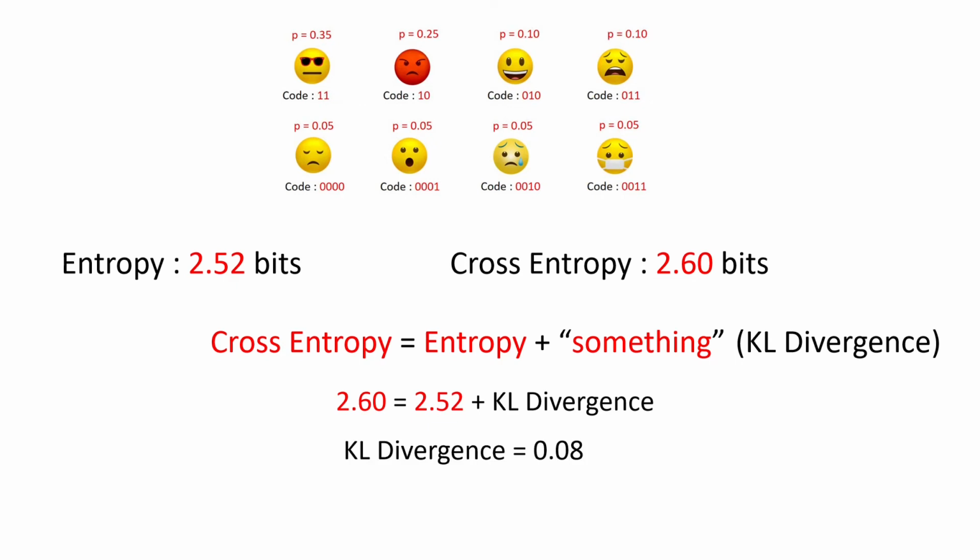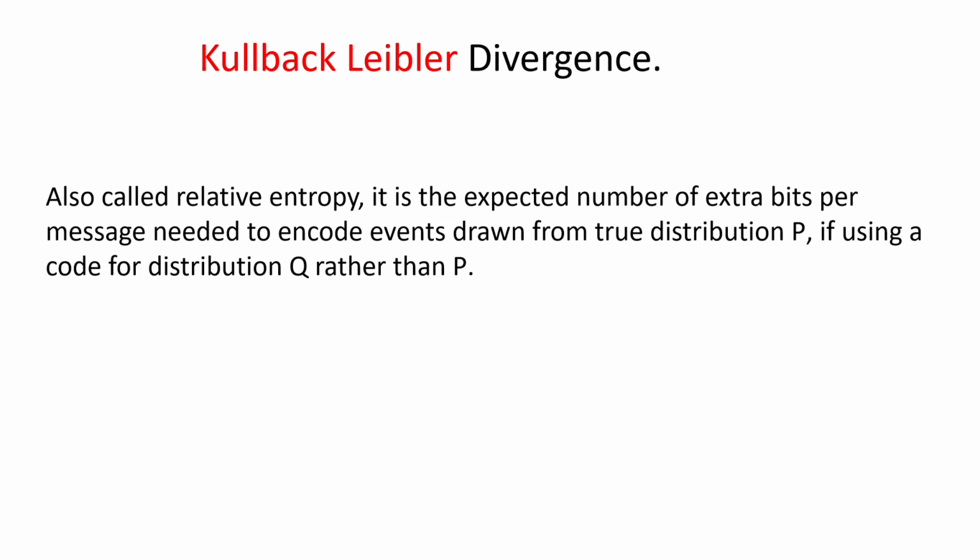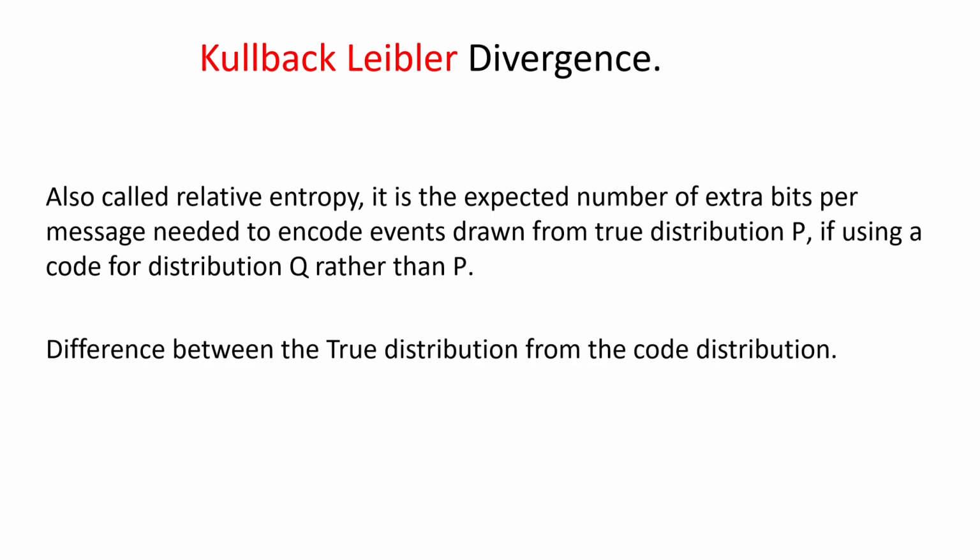The derivation of KL divergence is not very important to us, but it is important that the definition of KL divergence be kept in mind. Well, KL divergence, or Kullback-Leibler divergence, is just the expected number of extra bits per message needed to encode events drawn from the probability distribution P, which is the true distribution, if we are using a code for the distribution Q rather than P. Simply put, it tells us how far the true distribution is from the code distribution.